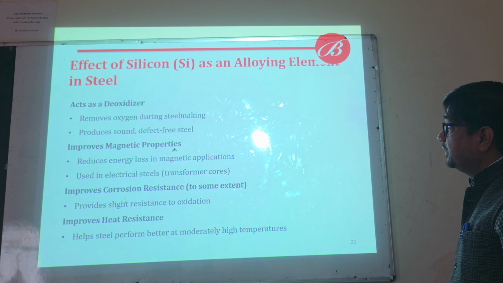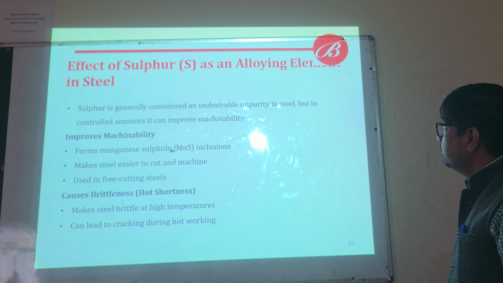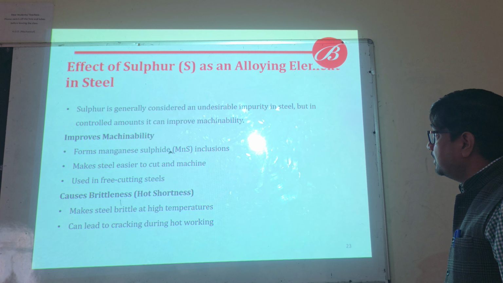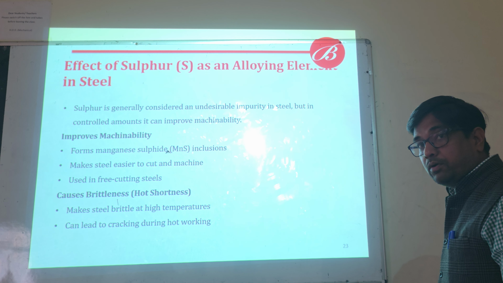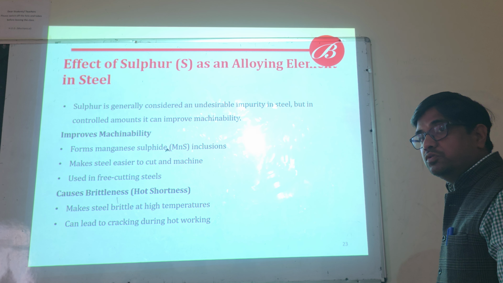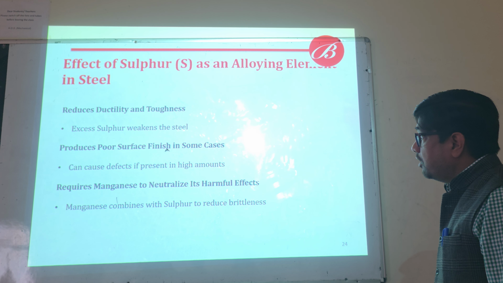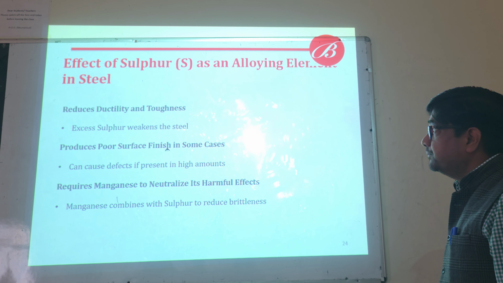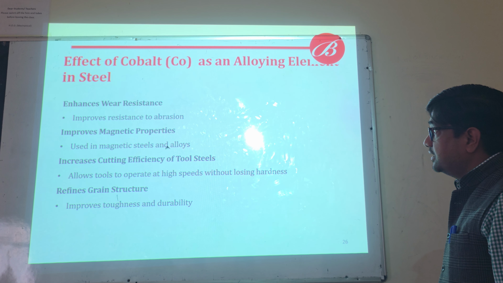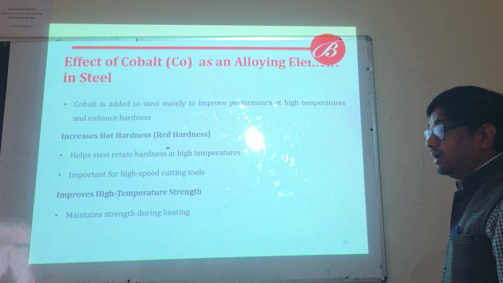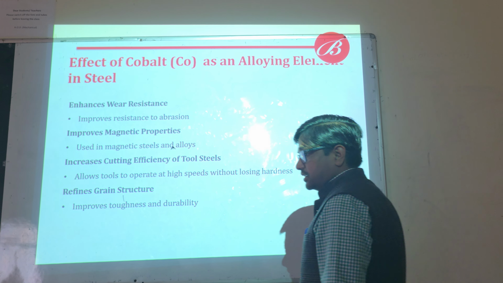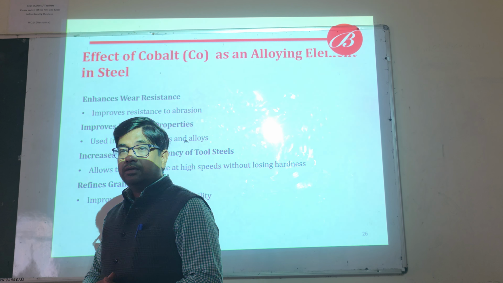All these materials improve the properties, but when it comes to sulfur, sulfur is an undesirable impurity, but at the same time it is useful to improve machining and is counterbalanced by the manganese. Then cobalt also improves the hardness and strength at high temperature. So these are the alloying elements and their effect when they are added to the steel.